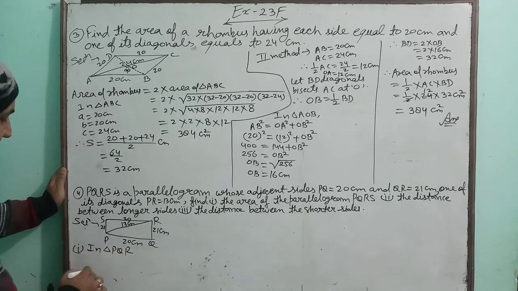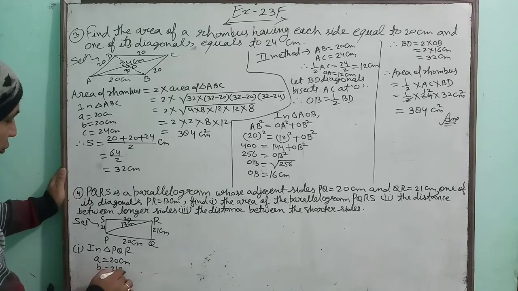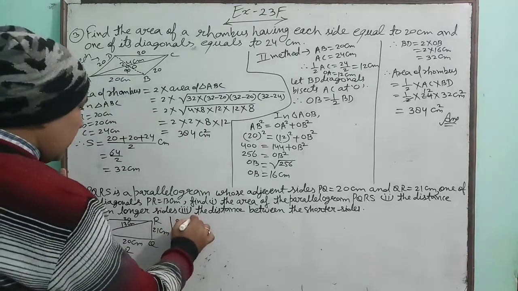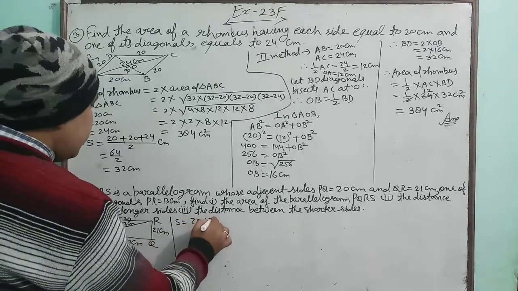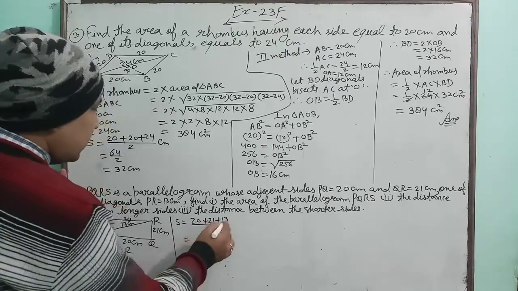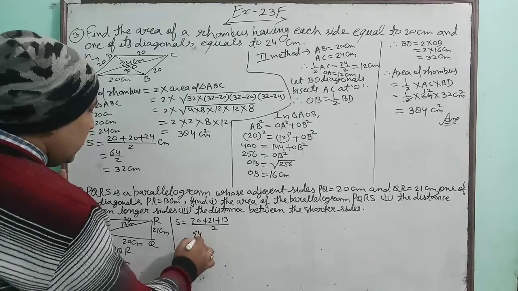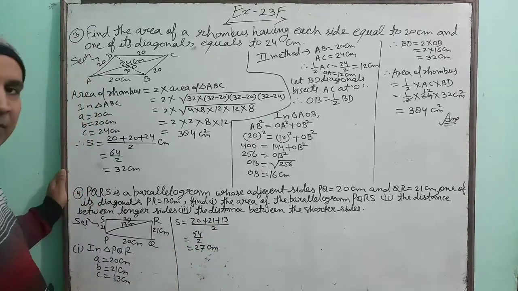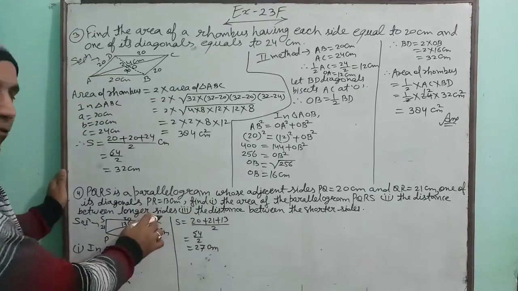In triangle PQR, suppose a is equal to 20, b is equal to 21 and c is equal to 13, then what will be the value of s? s is equal to (20 plus 21 plus 13) by 2. That means 54 by 2, which is equal to 27 centimeter. We have got value of s.